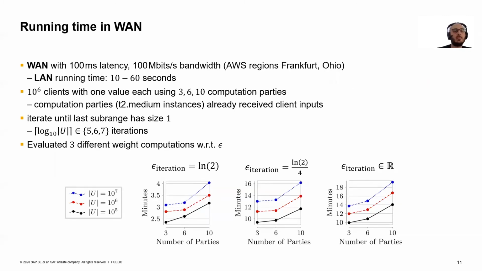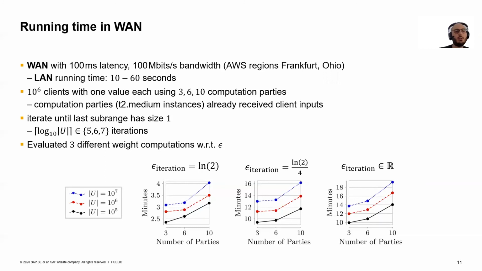We assume 1 million clients with one value each, using 3, 6, or 10 computation parties. Please note that 3 computation parties are sufficient. The clients can secret share their inputs with the computation parties who will run the computation on their behalf.